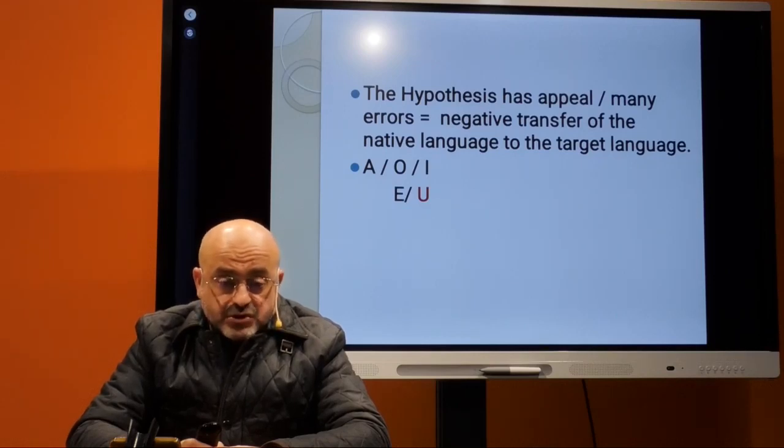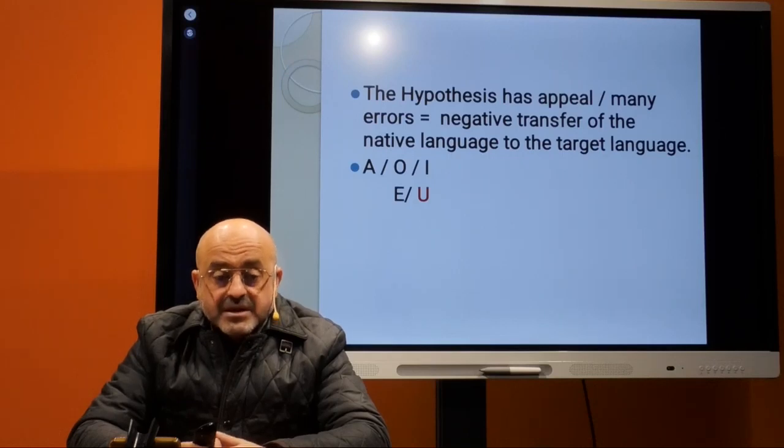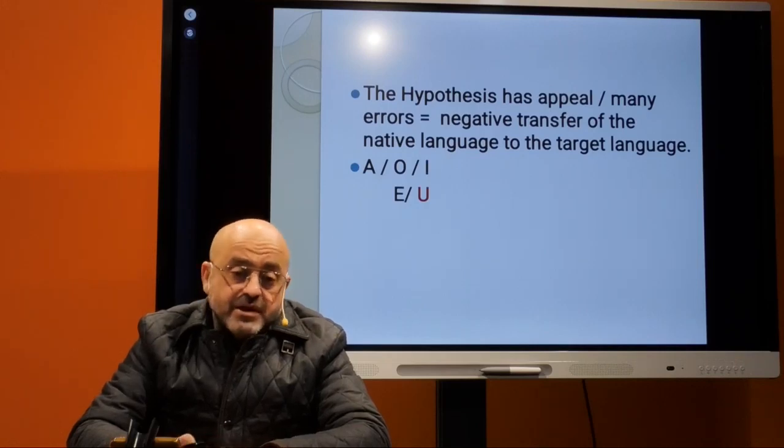What learners do unconsciously is that whenever they face a vowel, for example, or a consonant that doesn't exist in their phonemic inventory, they substitute it or replace it with the nearest sound in terms of point and place of articulation.